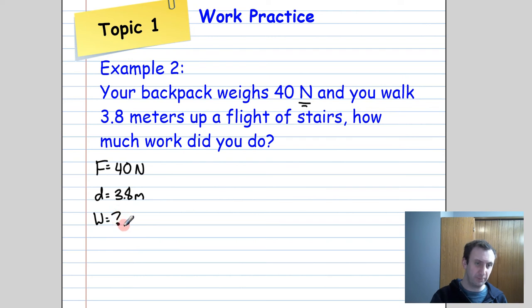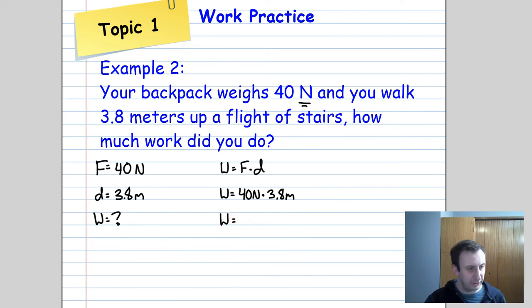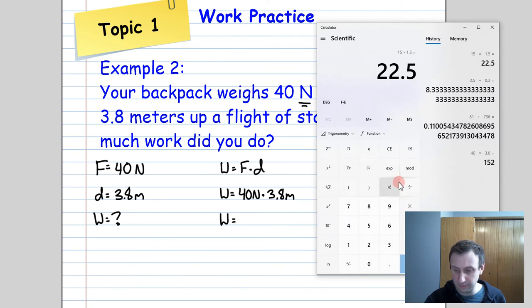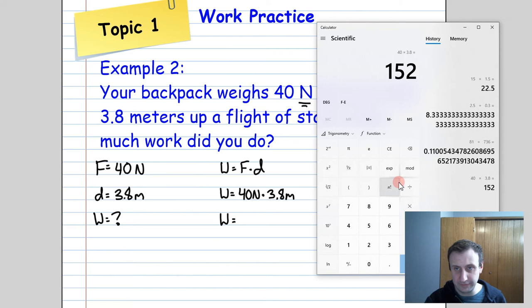That's my question mark. So I have work is equal to force times distance. So work is equal to 40 newtons multiplied by 3.8 meters. I can grab my calculator again, 40 multiplied by 3.8.